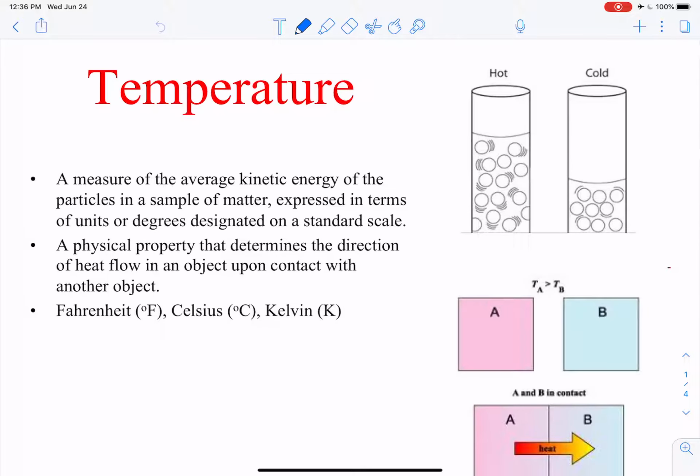And if we take a look at the atoms over here, in the cylinder where it says hot, that's showing you that those atoms have a lot of energy, and that means that they're moving around like crazy. And because they are moving around faster and bumping into each other a whole lot more, they try to take up a little bit more space like humans do when they have a whole lot of energy.